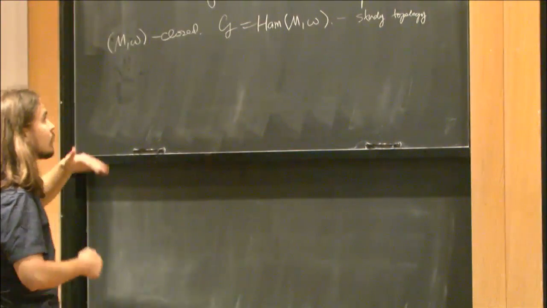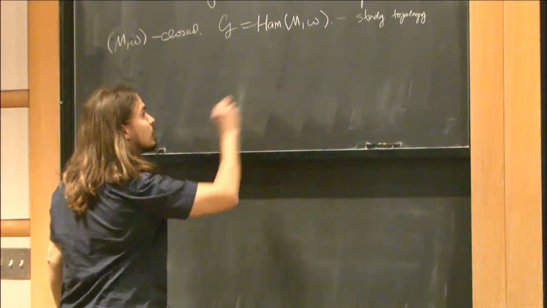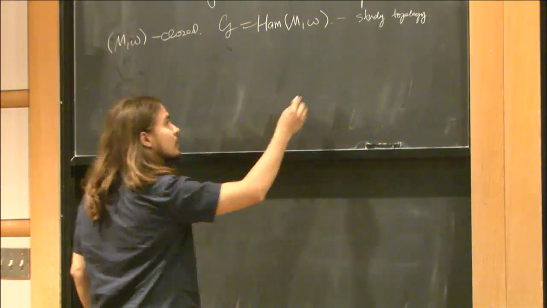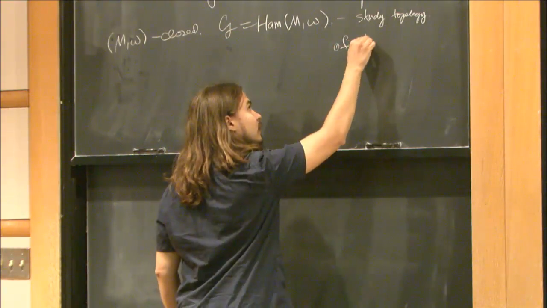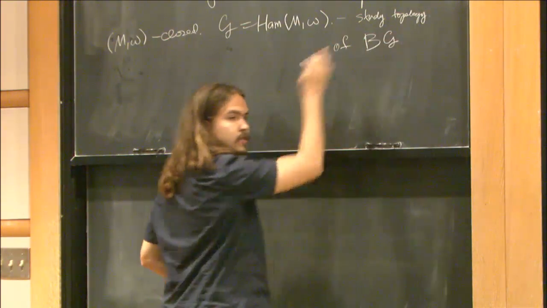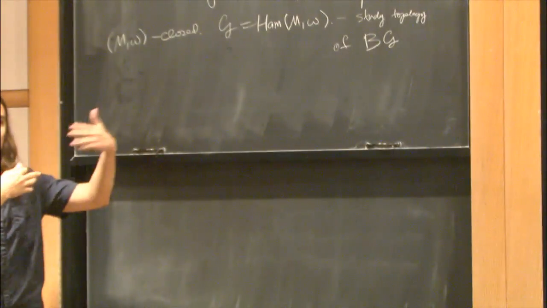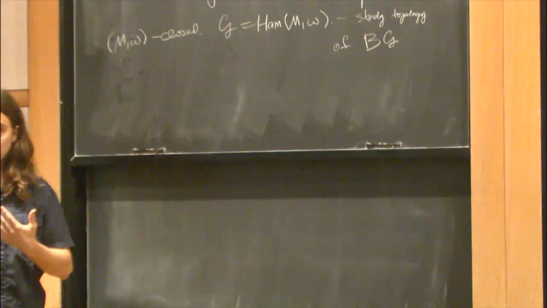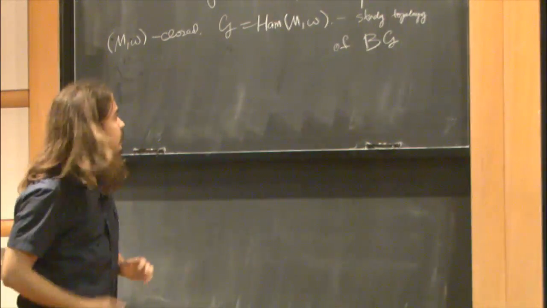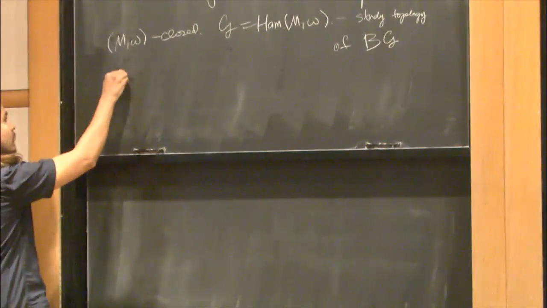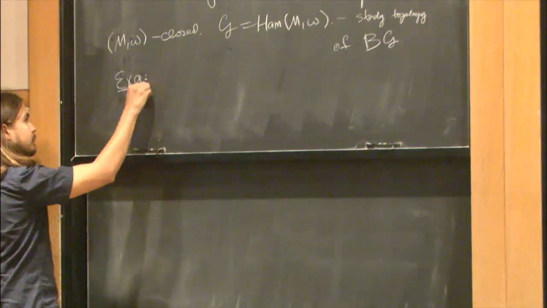So one can study the topology of G, but one can also study the topology of the classifying space. Right? So you study which fibrations are not trivial. And as an example, we have the following.